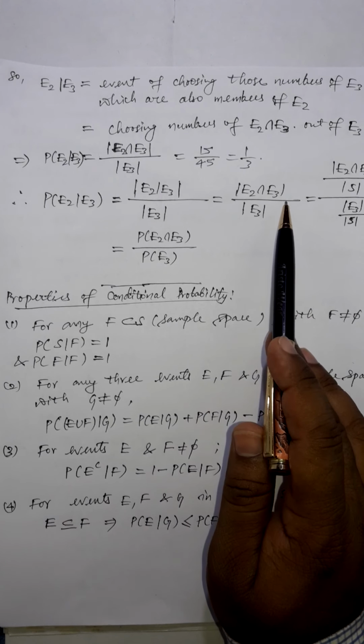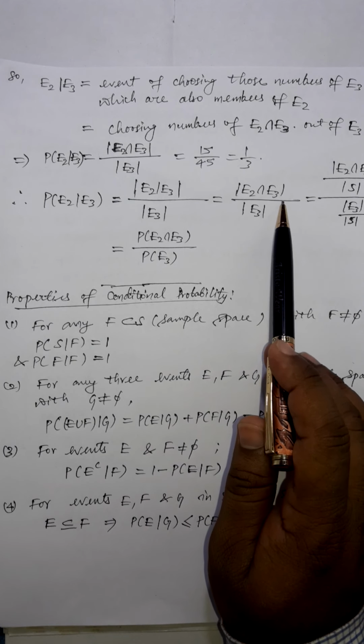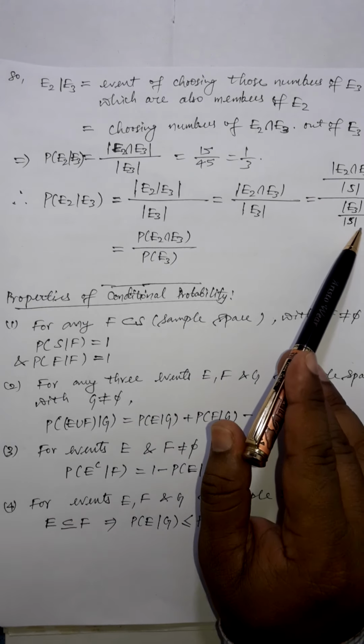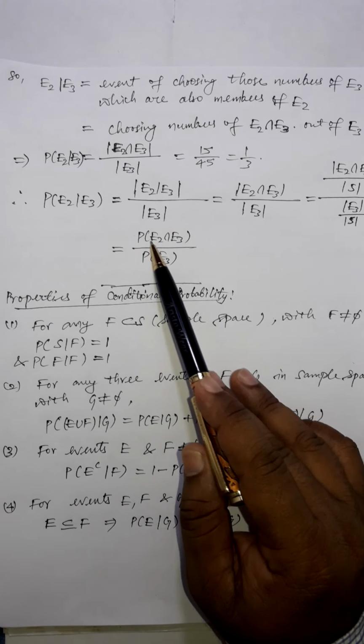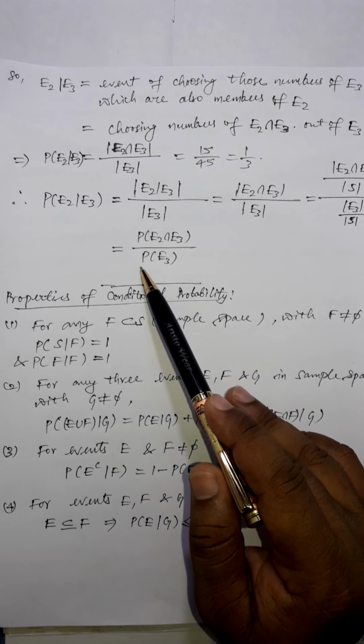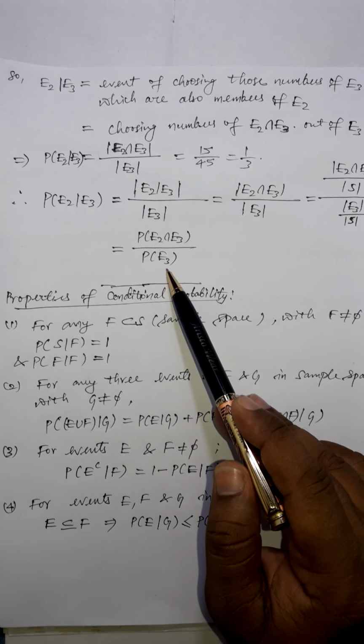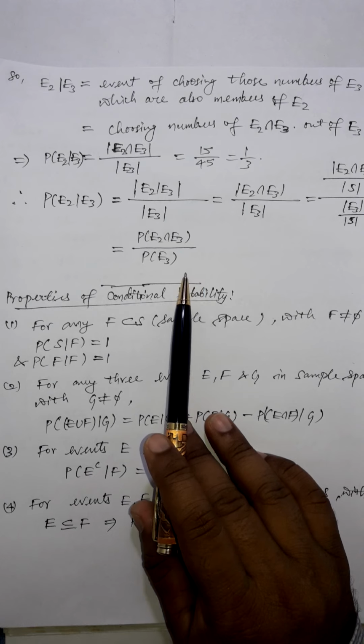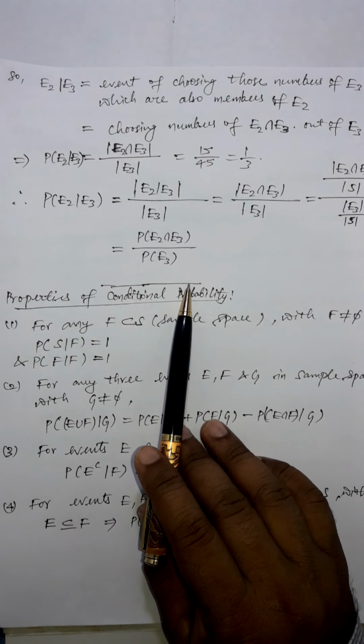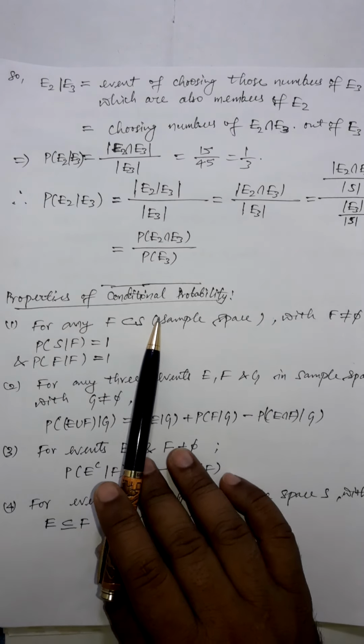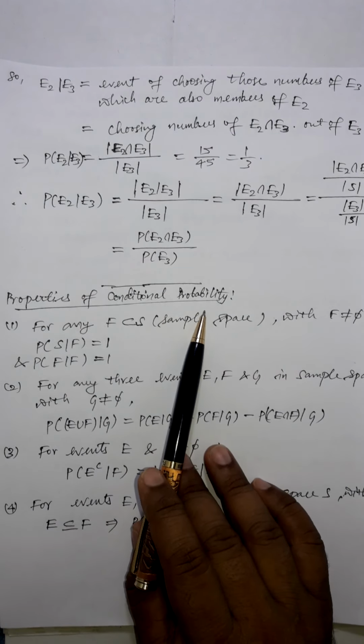Now if we divide both the numerator and denominator by the size of the sample space, it converts to the probability of E2 intersection E3 divided by the probability of E3, which is the basic formula of conditional probability. So in this way this formula is working, and we can clearly observe it in this small example. Now there are a few properties of conditional probability. Let's discuss them quickly.